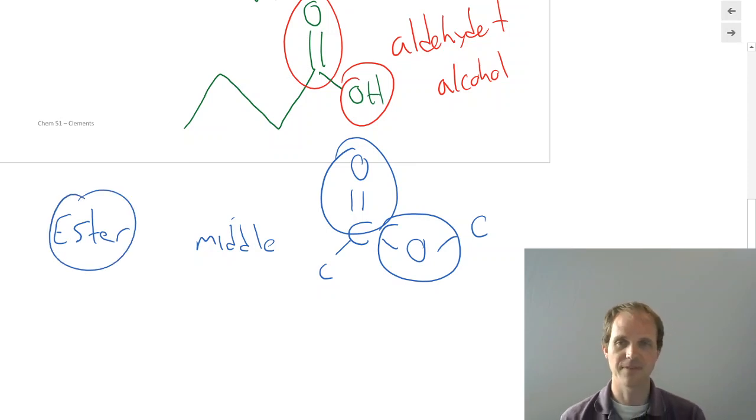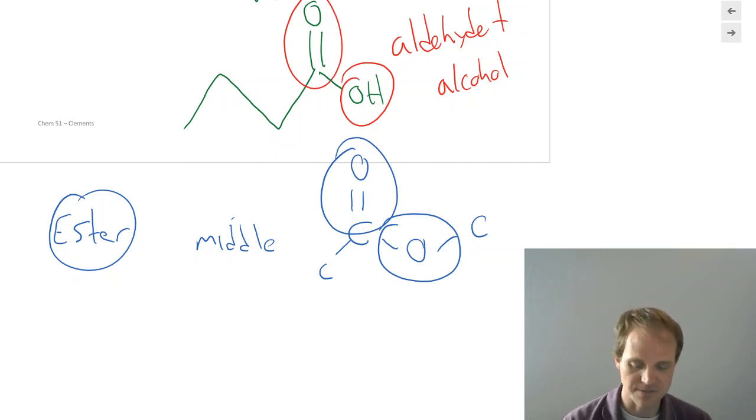Helps if you do it right. I wrote ether there originally, so if you copied that down, it's ester, not ether. All right, it is an ester.